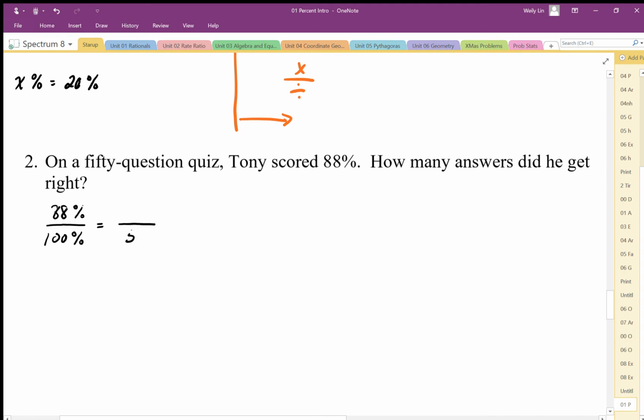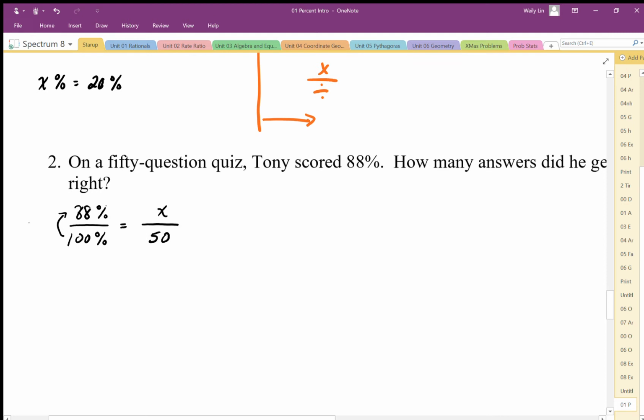This total of 50 questions, and then we want to figure out how many he got right. So this is going to be my decimal percentage. I divide 88 divided by 100 gives me 0.88. I'm going to use that same multiplier to solve my problem. So x is equal to 44 questions.